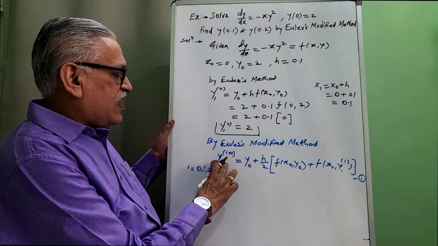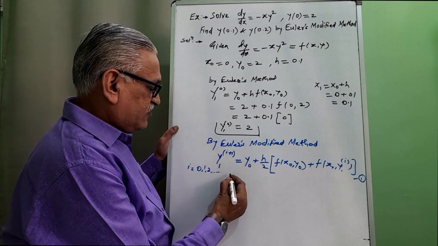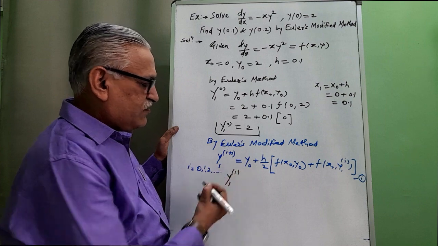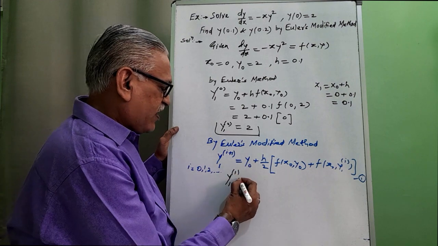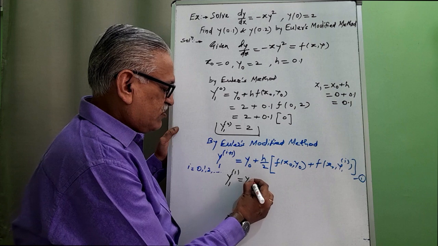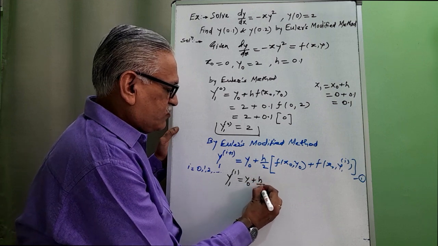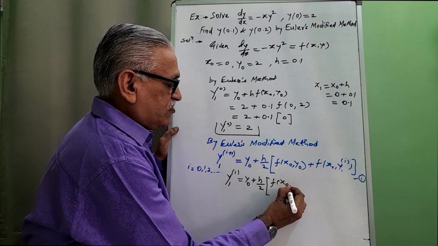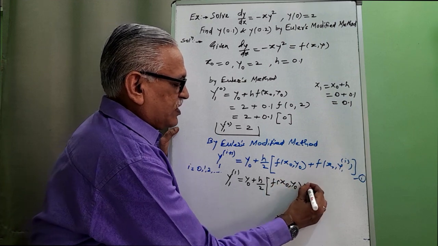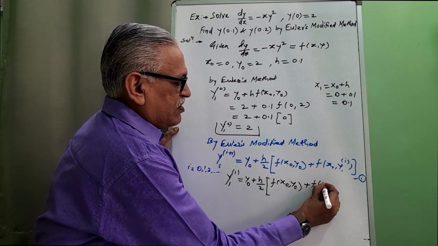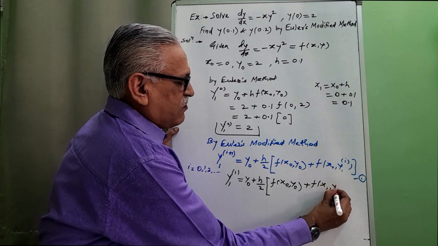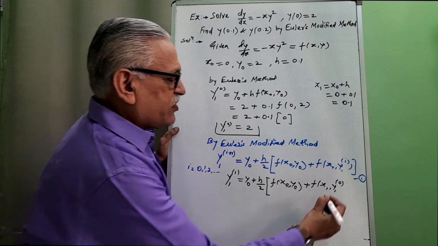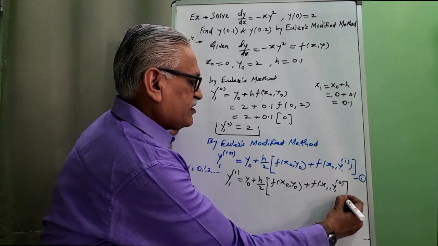Therefore, if we put i equal to 0, we get y1 first approximation as y0 plus h by 2 multiplied by f of x0 y0 plus f of x1 and y1 superscript 0, the initial approximation for y1.